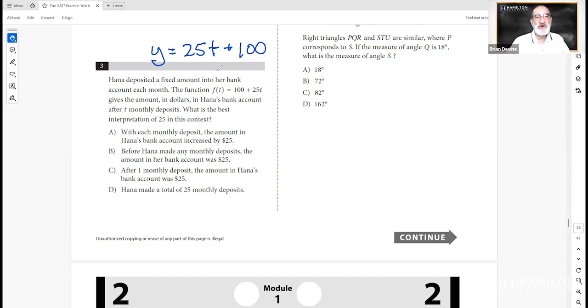It's in a linear form. Here's the slope, and here's the y-intercept when t was 0. So her fixed amount was the $100. Well, what's the best interpretation of 25 in this context? It would be the amount of dollars that you go up for every t. And so with each monthly deposit, it'd be going up 25 bucks. So A would be the correct interpretation.